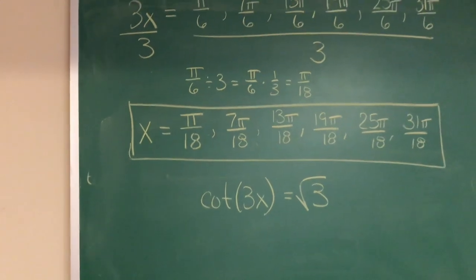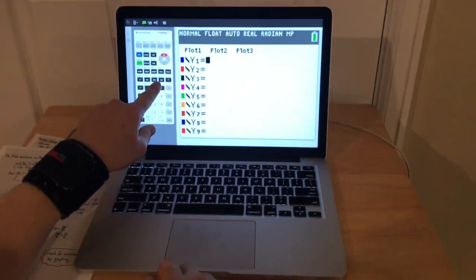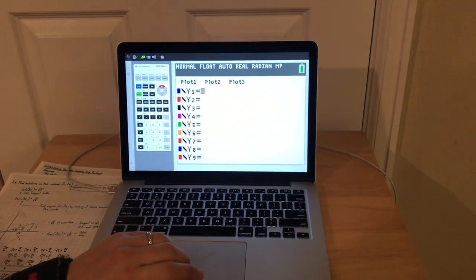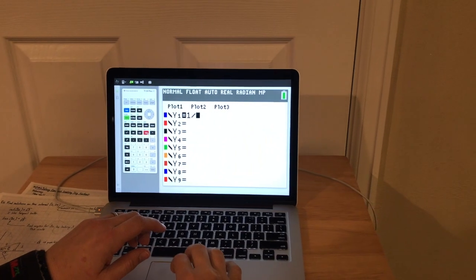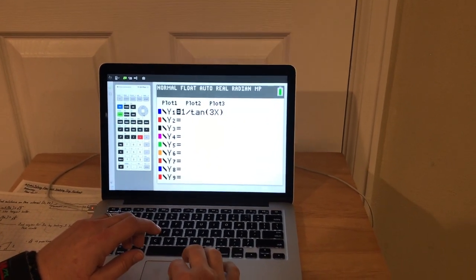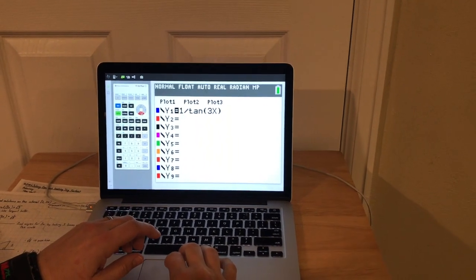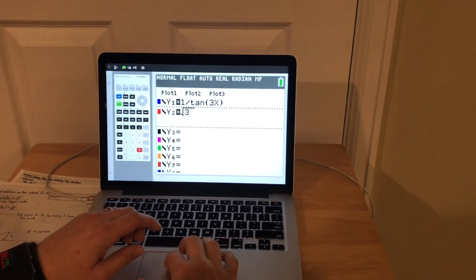Now, on my graphing calculator, I don't have a cotangent button, so I will need to type this in as 1 over tangent of 3x. So 1 divided by tangent of 3x. And my other function, the right side of the equation, is square root of 3.